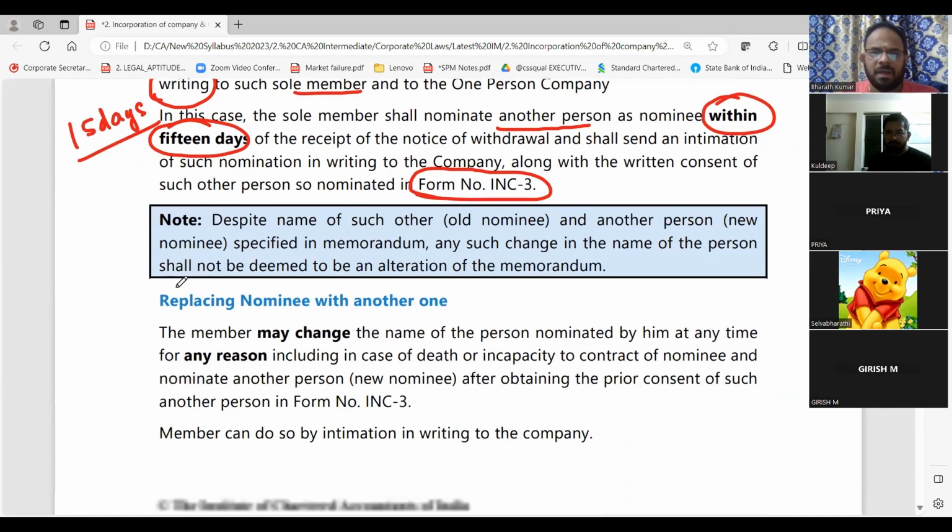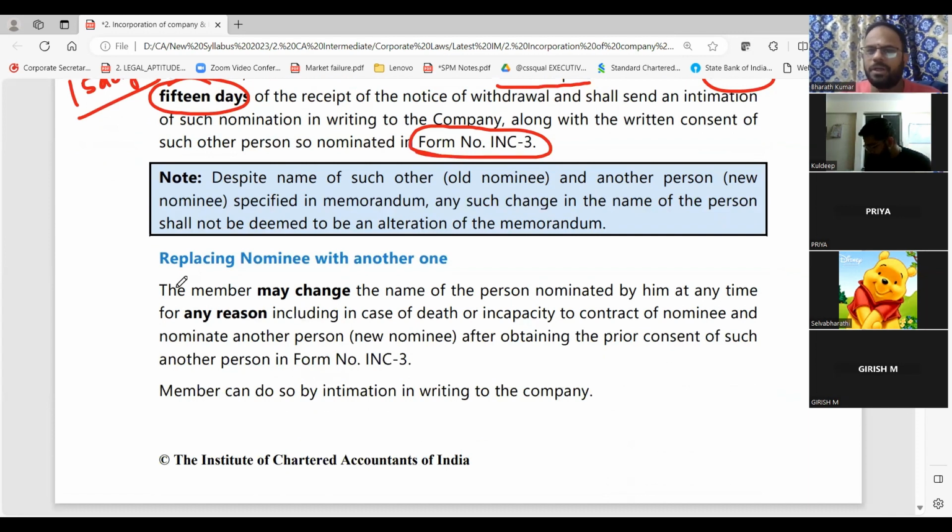Okay, next. Despite the name of such other old nominee, another person specified, it shall not be deemed to be an alteration in the memorandum. Next one, section 13. You remember? Can you tell me what is section 13, guys? Alteration in memorandum. You change nominee and all, that is not alteration in the main charter.